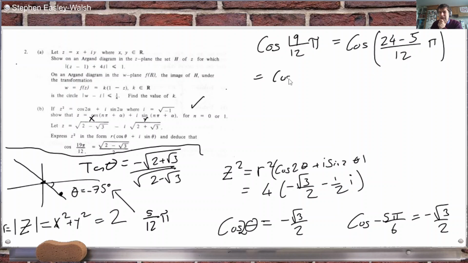So that's cos of 2 pi minus 5 over 12 pi. So using the cos A minus B formula, that's equal to cos minus 5 over 12 pi. And I have 5 over 6.